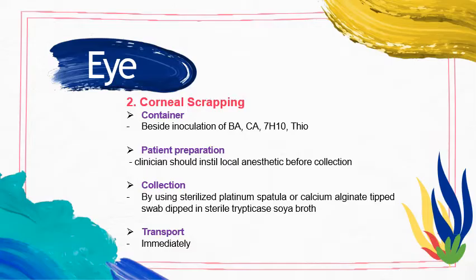And your thioglycolate is also an enriched liquid medium that supports your aerobic, anaerobic, and your facultative organisms by creating an oxygen gradient that will help them to grow. Now, for patient preparation, the clinician should instill local anesthetic before collection. For collection, use a sterilized platinum spatula or calcium alginate tip swab dipped in sterile trypticase soy broth, and the transport is immediate.